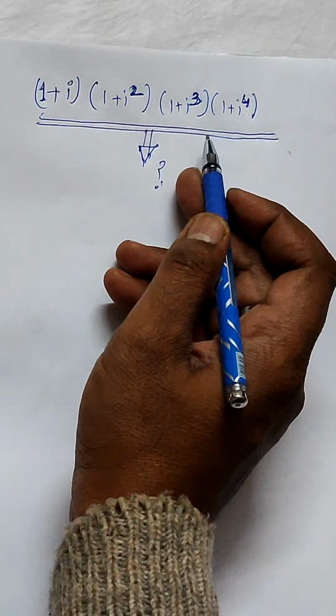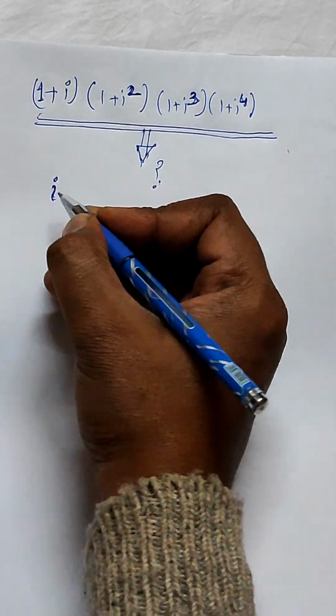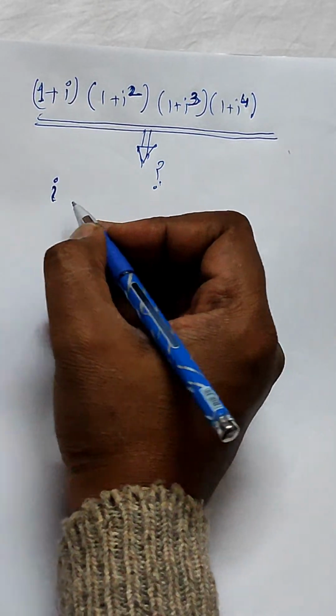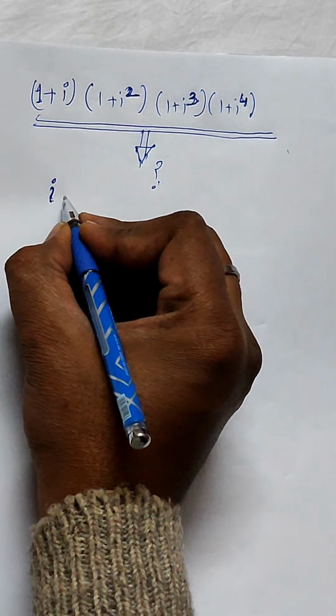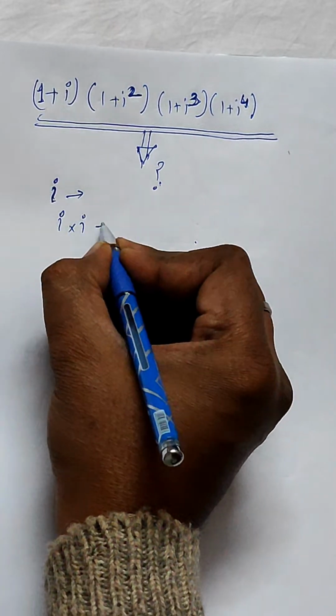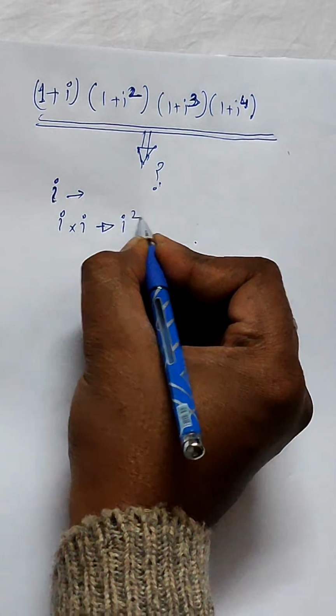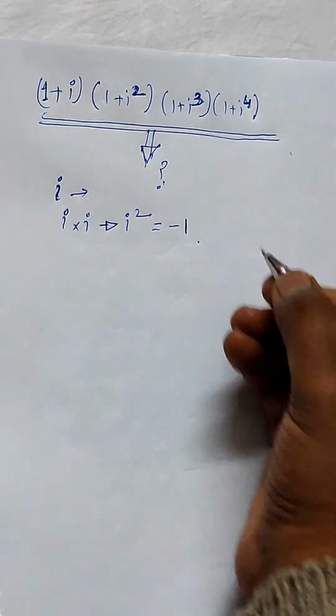You know that in complex numbers, I is attached to the part of the number which is imaginary, right? I represents imaginary, and when I is multiplied with I, it comes as I square, and the value of I square is -1.